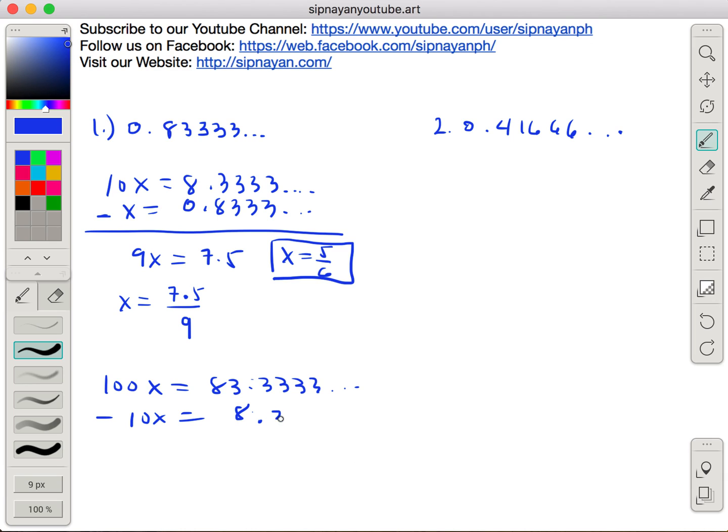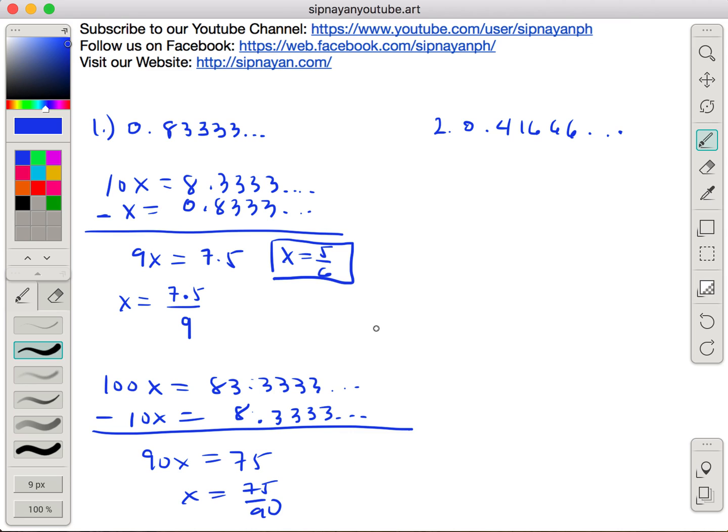Which means mai-eliminate yung mga 3's. So, meaning I have 90x, if I subtract, equals 75. And in fact, ito na yan. X equals 75 over 90, which when reduced to lowest terms, pumunta siya dito.